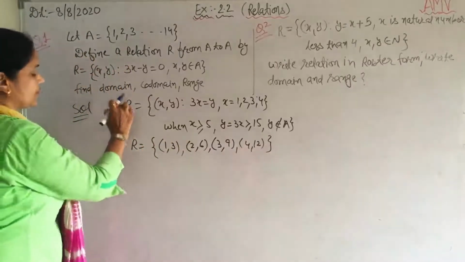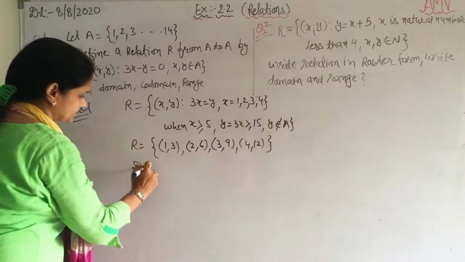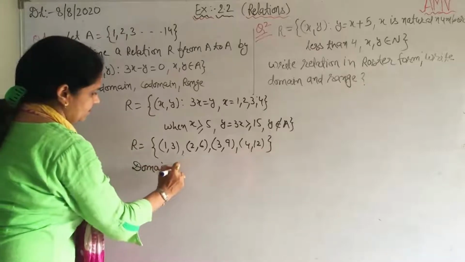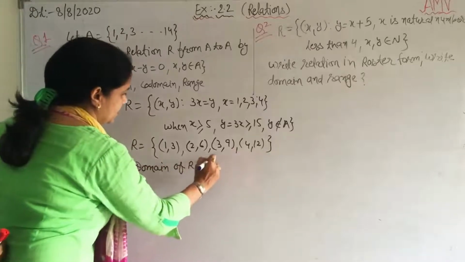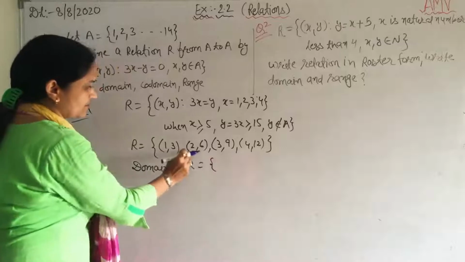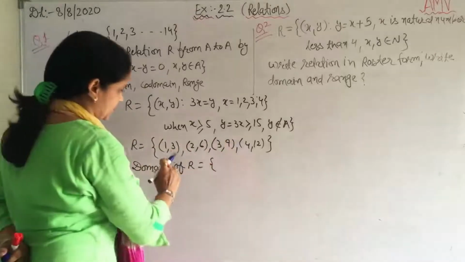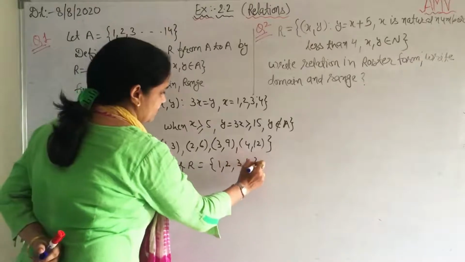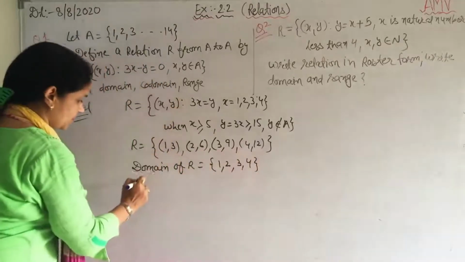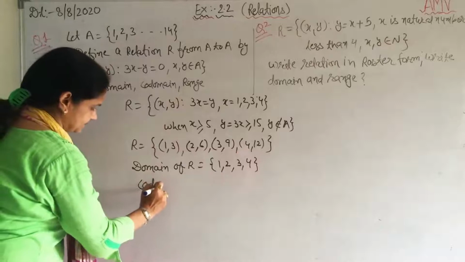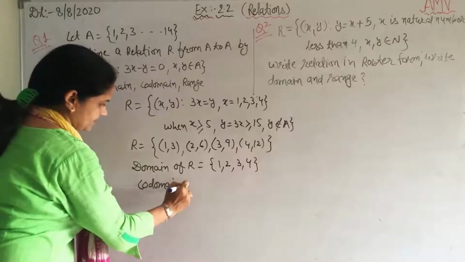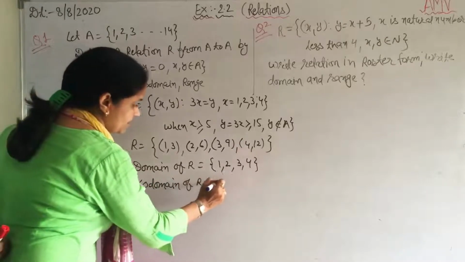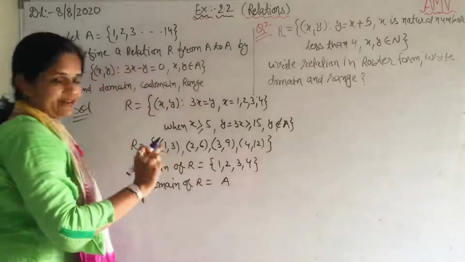Now we have to find the domain of R. Okay, domain is the set of first elements of the relation. So it is 1, 2, 3 and 4. Next is the codomain of R. Codomain is set A only.